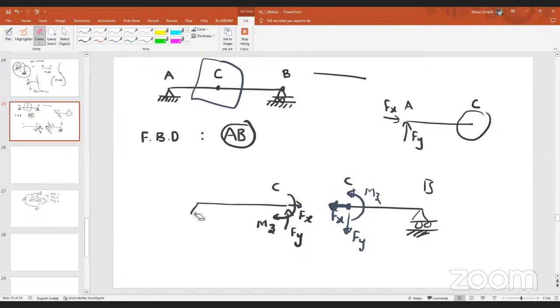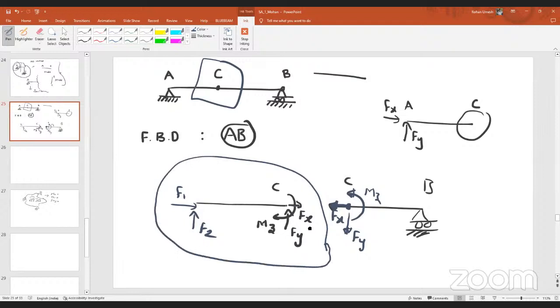At A also, how many forces will I have? I'll have one reaction, let us say F1, one reaction F2. So if I look into the free body diagram of AC, can you tell me how many unknowns I am having? 5, sir. How many equilibrium equations do I have? 3, sir.